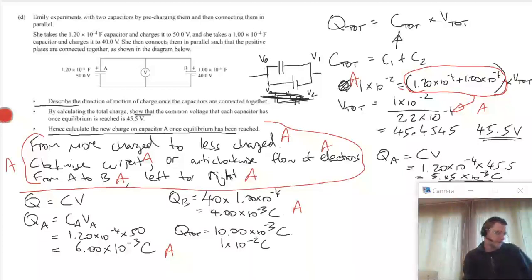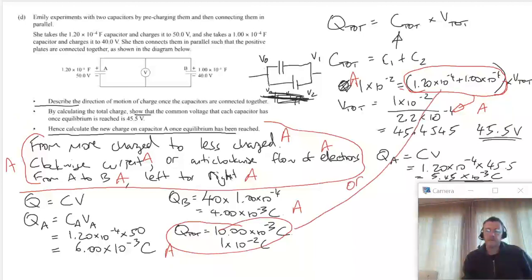For the merit, you needed this, Q total, or this, so that or that, plus this correct calculation, or this correct calculation.